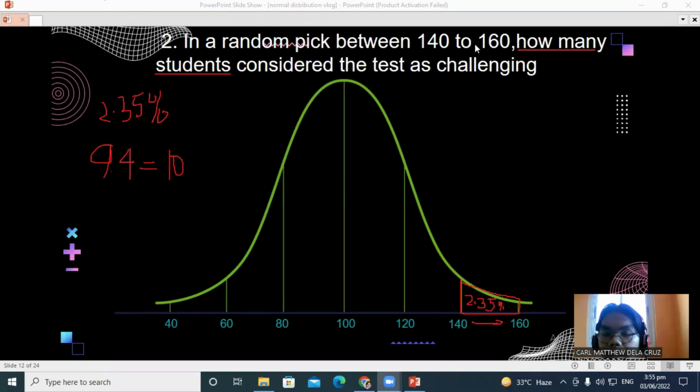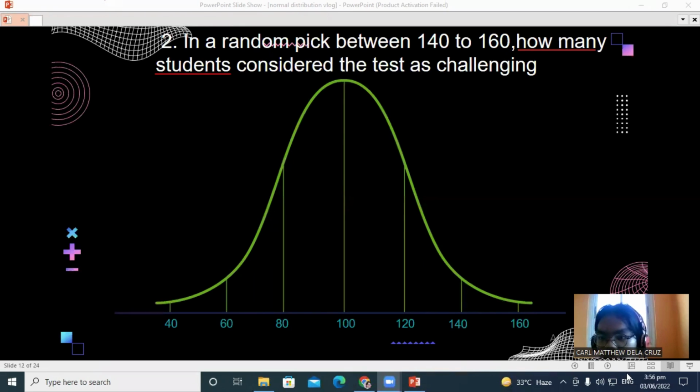You can round that to 10 students, or 9, but assumingly you write it as 10 since we don't need decimal numbers.